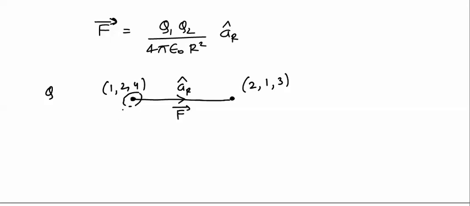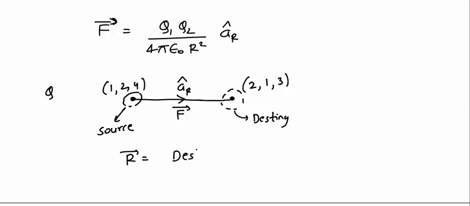Suppose this is my source and this is my destination. I'll tell you how to calculate the value of R and ar vector. The R vector is always calculated using the destination coordinates minus the source coordinates.